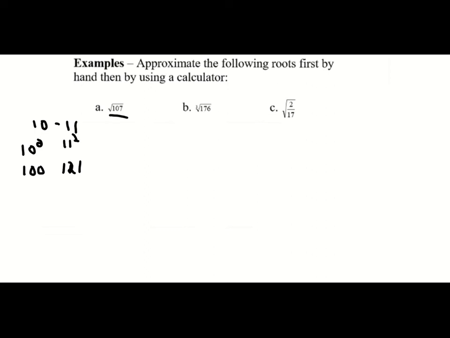Then I'm going to do the square root of 107 on my calculator, and again I'll post a video later to walk you through how to enter it in if you're not sure. And when I get it, we're going to round it to 2 decimal places.